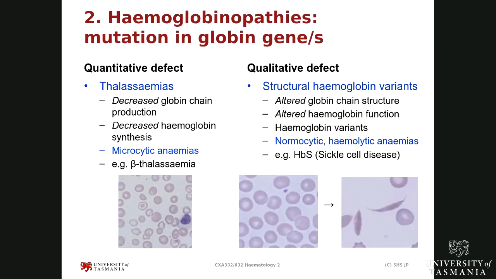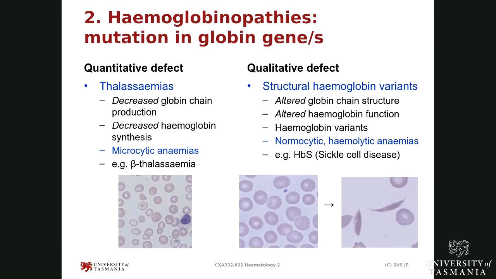Whereas when we look at the structural hemoglobin variants, the normal amount of hemoglobin is being produced, but it's abnormal hemoglobin. So we have altered globin chain structure. And so that's why the majority of structural hemoglobin variants are normocytic, usually normocytic, normochromic.